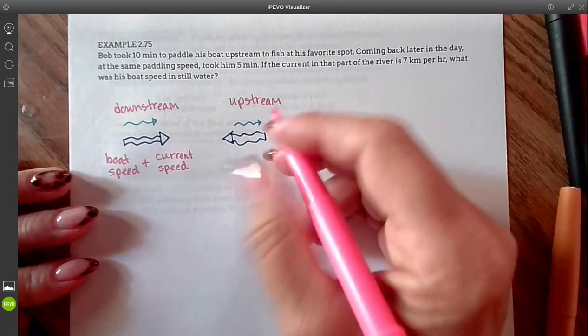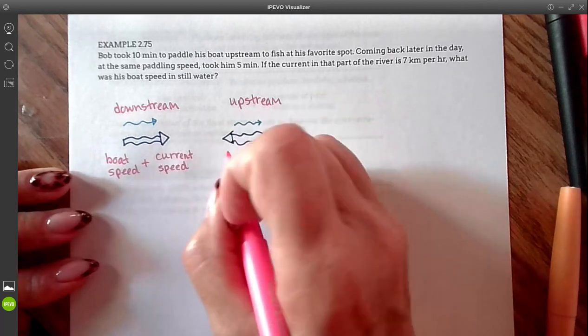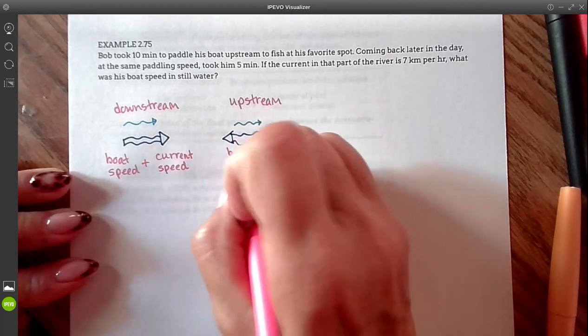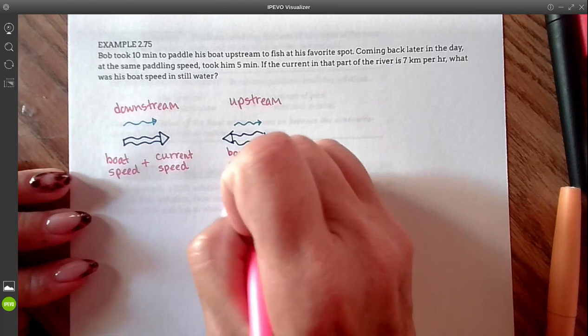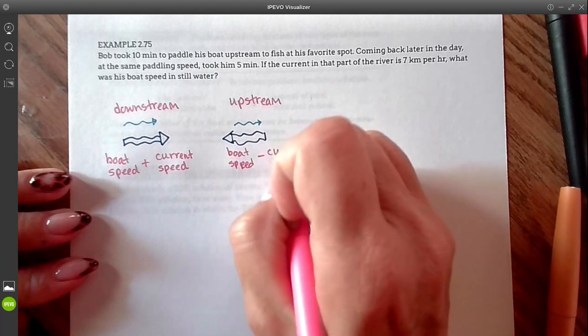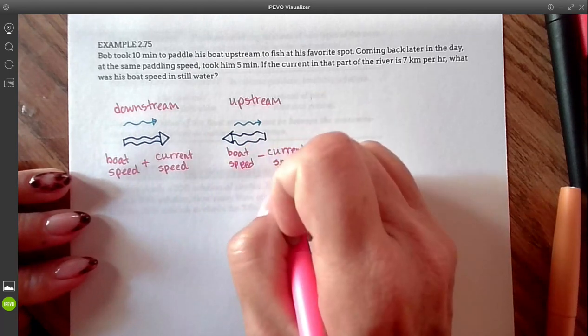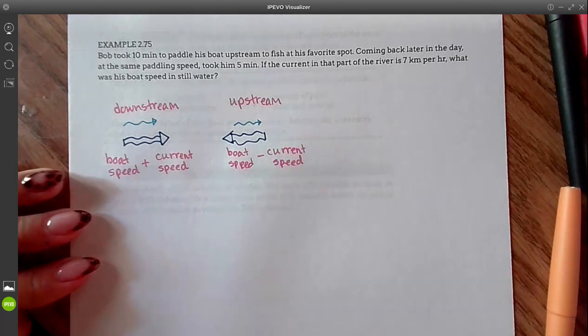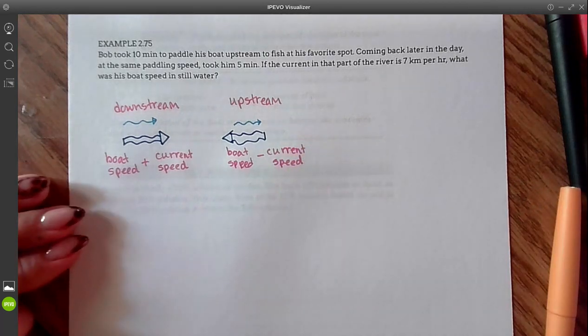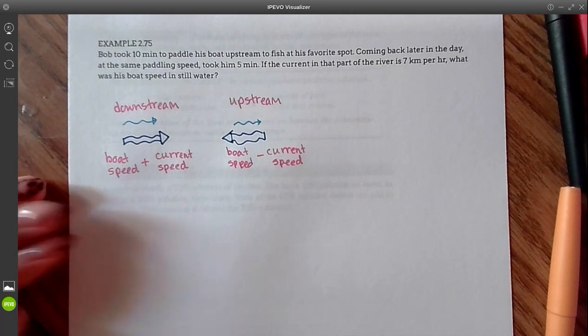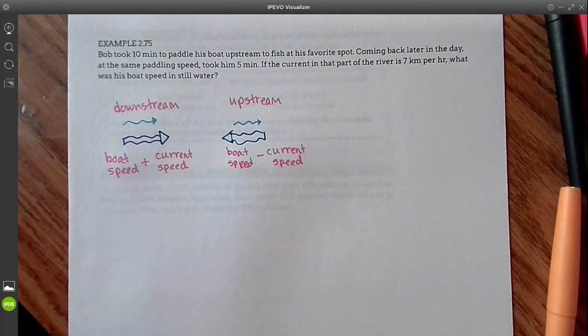But when we're going upstream, the overall rate is going to be the boat speed minus the current speed. And that's what's going to go in the rate box when you're organizing your problem to get it set up.